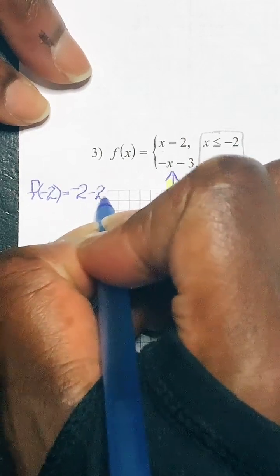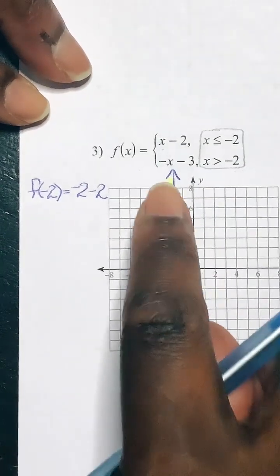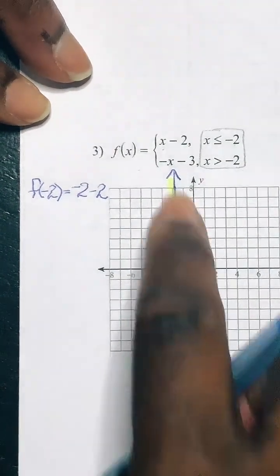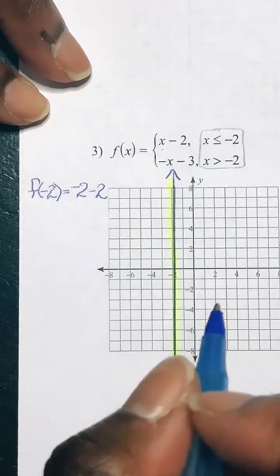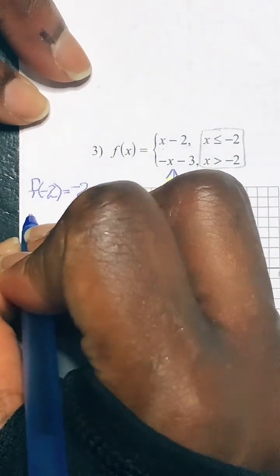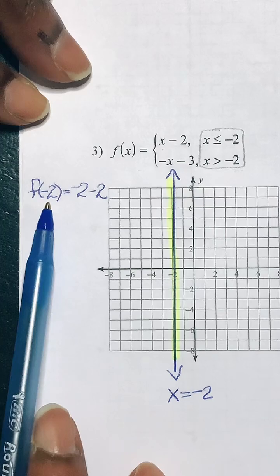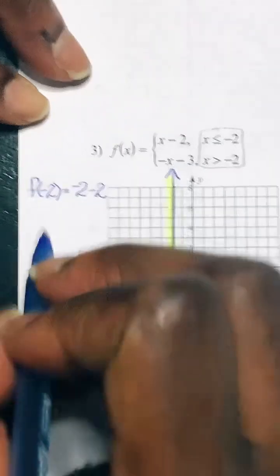I want to find the y value, because I basically found an ordered pair that I can put on this boundary line. So what do you think is my ordered pair? I substitute a -2 for the x. What will be my y value?